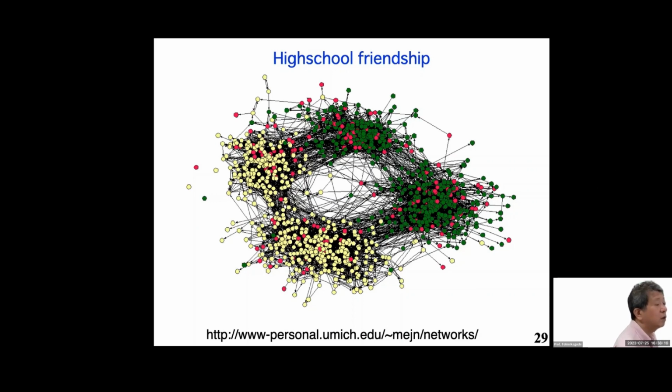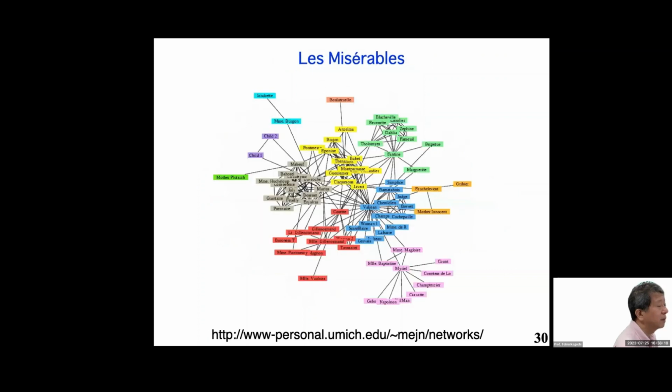It shows a variety of patterns, from those who have many friends to those who have only a few. This is a network of interactions between major characters in the novel Les Miserables by Victor Hugo. Although this result shows the existence of communities, we can see some vertices, or characters, who have large degrees.